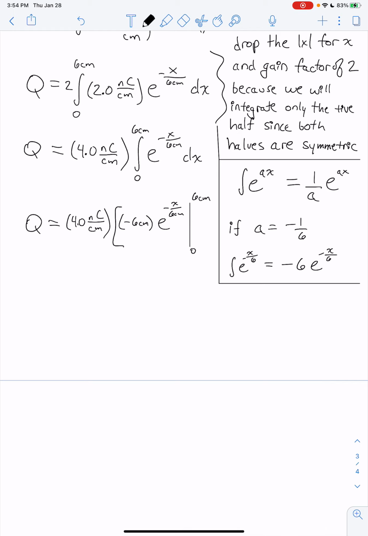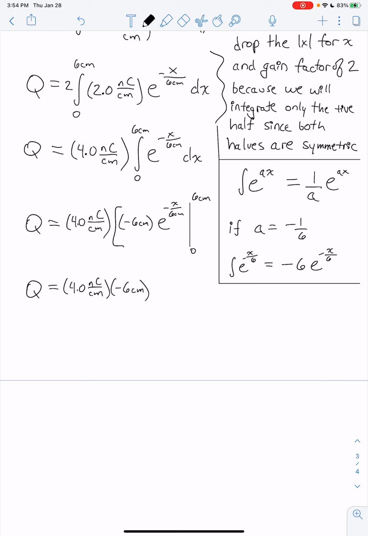All right, so our charge is now going to be, I'm going to pull out the 6 term, so we have 4 nanocoulomb per centimeter times negative 6 centimeters. And we see where the units are going there. The centimeters will cancel, and we'll end up with a charge, which is what we want.